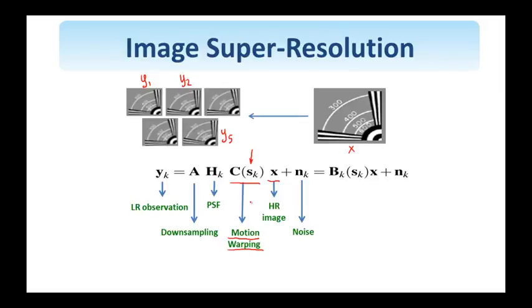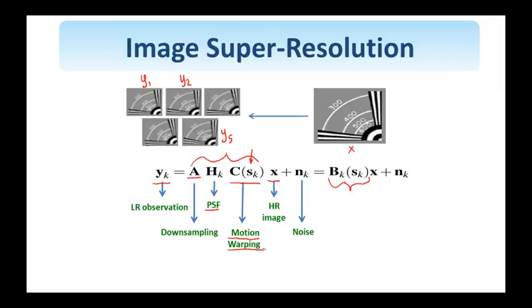Then this motion warped high-resolution image is blurred by a system with point spread function H of k, and this blurred warped high-resolution image is finally downsampled according to this operator A to generate the low-resolution image. So all these operators can be combined into this operator here.